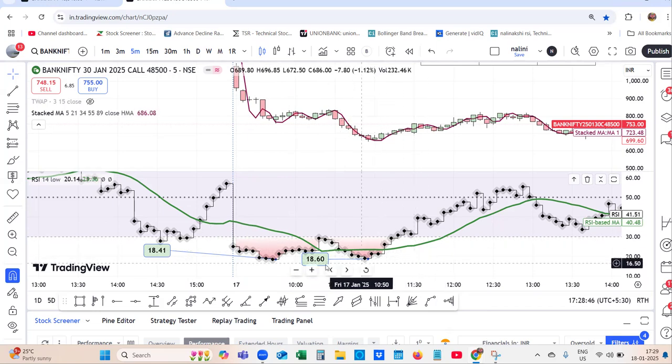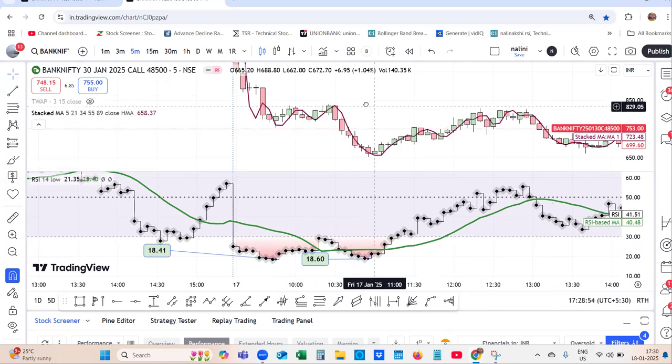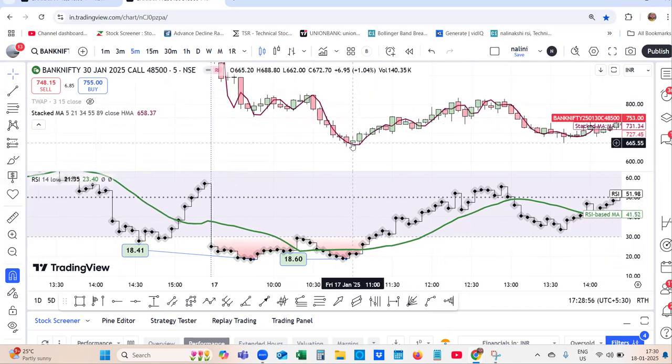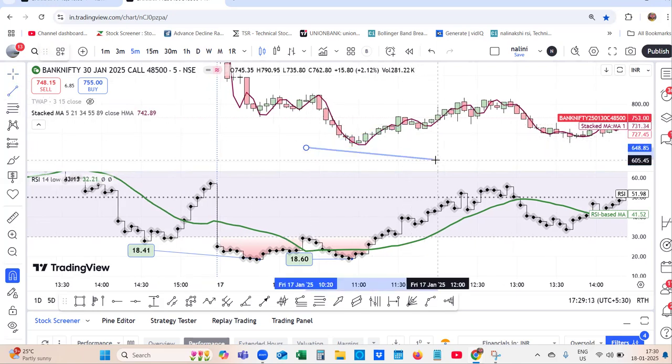And you can see after the W pattern, exactly around 11 a.m., a reversal candle forming on the Bank Nifty call option chart, around 665. It is an example, 665, an early entry, it is giving you in 1 minute.